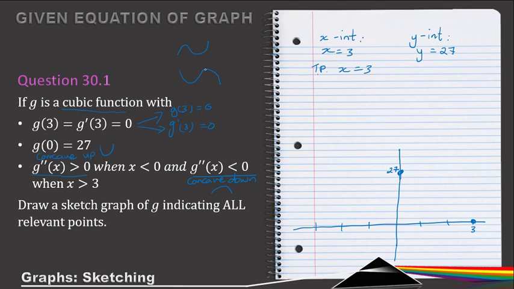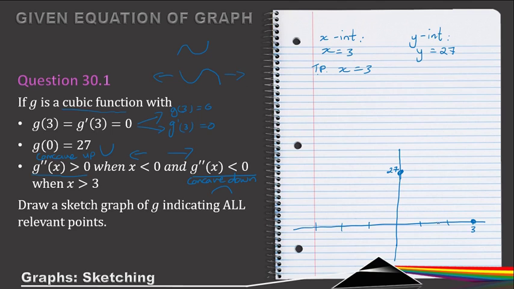This is telling us what the form looks like. If it is concave up where x is less than 0, that means this side of the graph is concave up, and this side is concave down, where x is greater than 3. So if I compare these two to what we've just read, this graph is concave up on this side and concave down on that side. So this is then the general form of my graph.